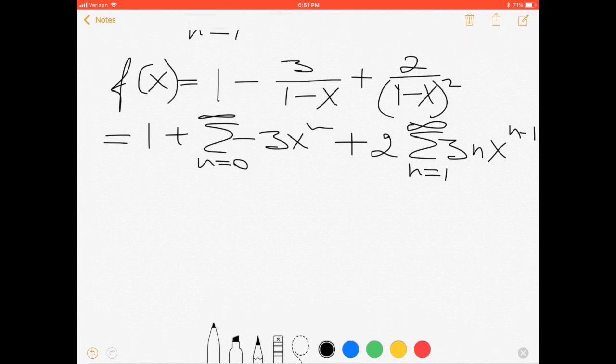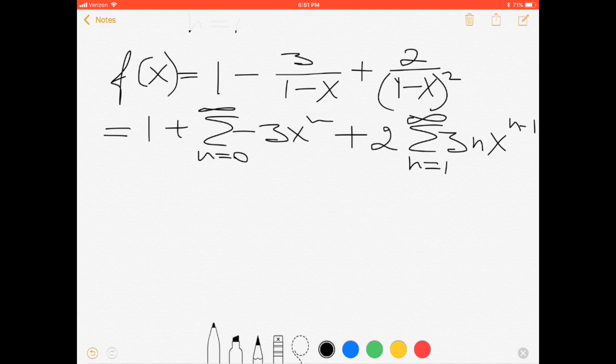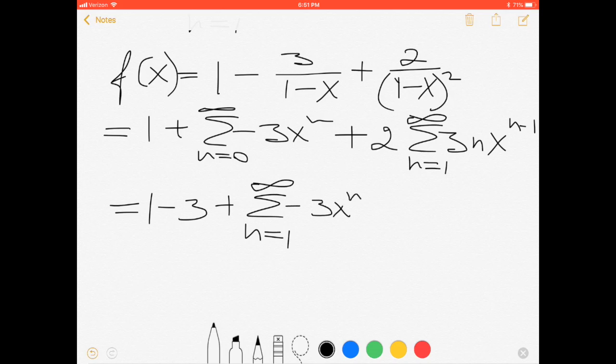Okay. What we can write, we need to combine together. For n equals 0 it will be negative 3, so 1 minus 3, plus the series starting with 1 to infinity of minus 3x to the power n.